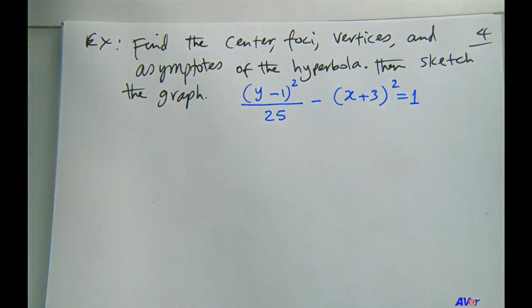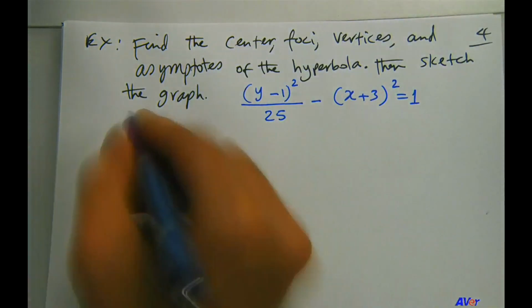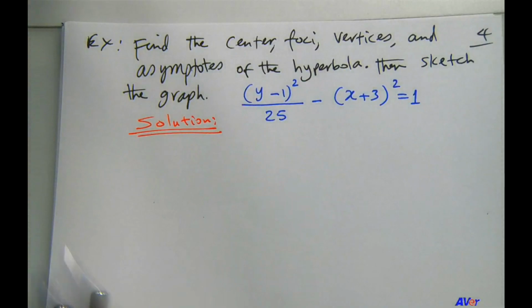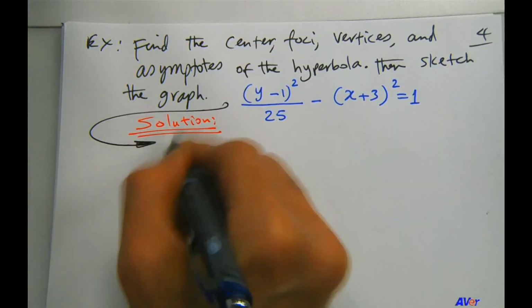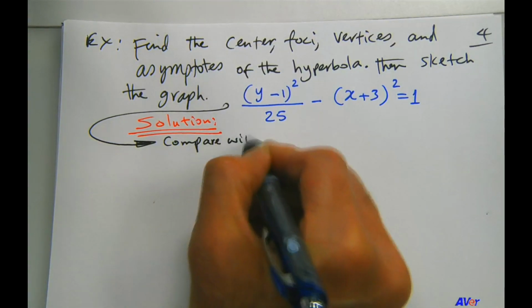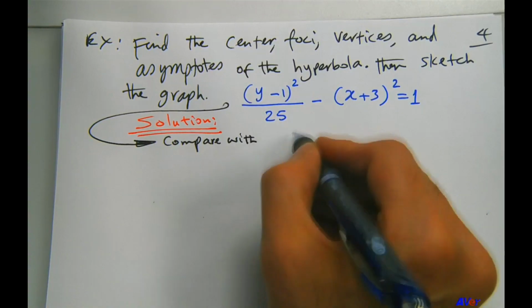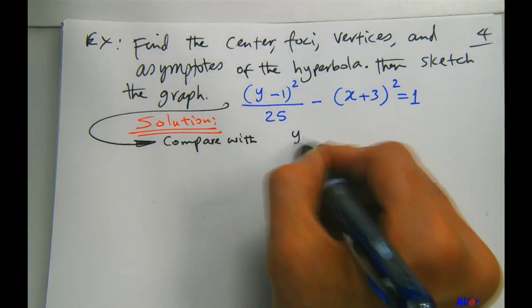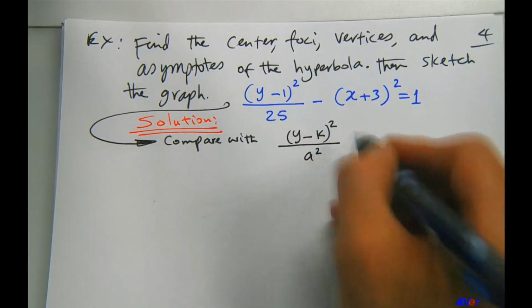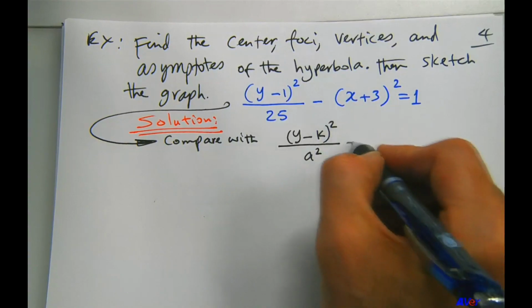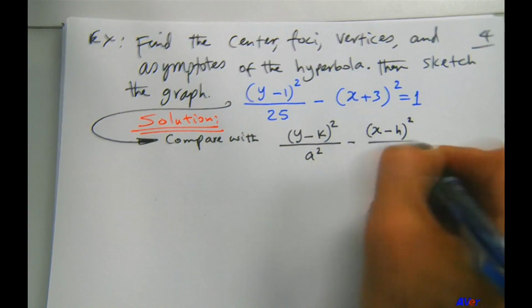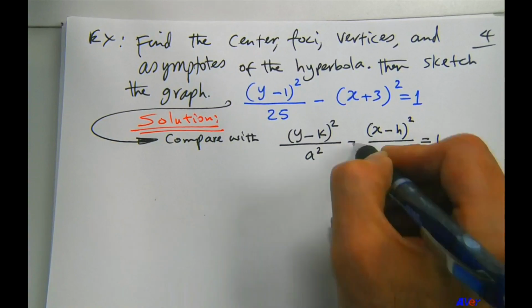Okay, so compare this with this general equation: y minus k squared over a squared minus x minus h squared over b squared equals 1, right?